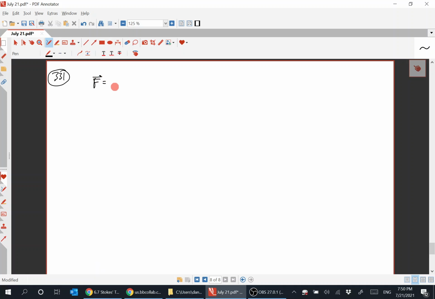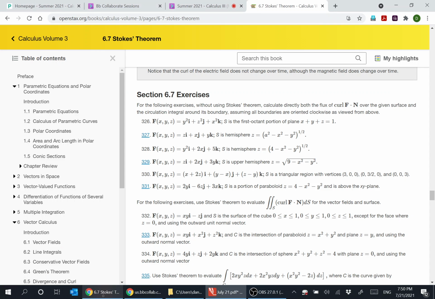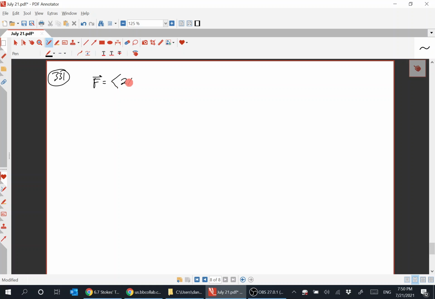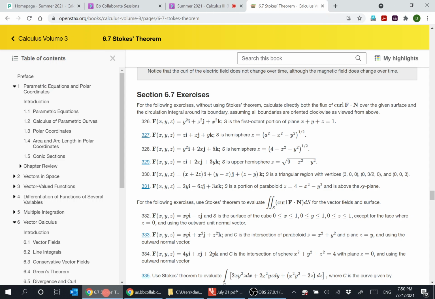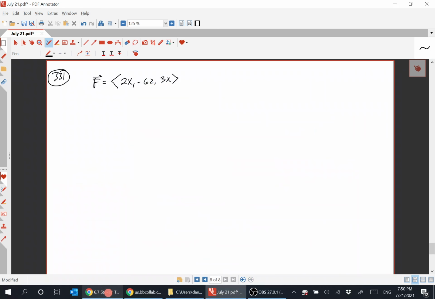So F is equal to 2y, minus 6z, 3x. And S is that paraboloid, z equals 4 minus x squared minus y squared.